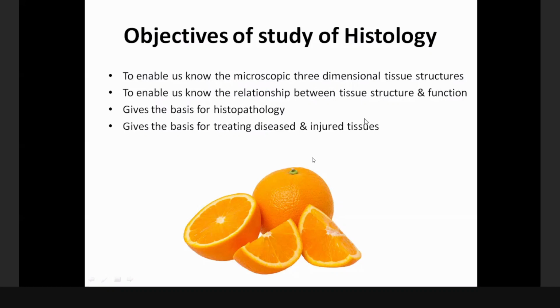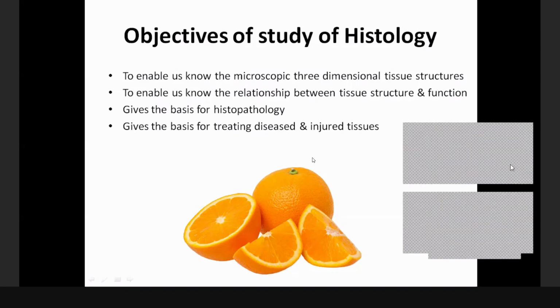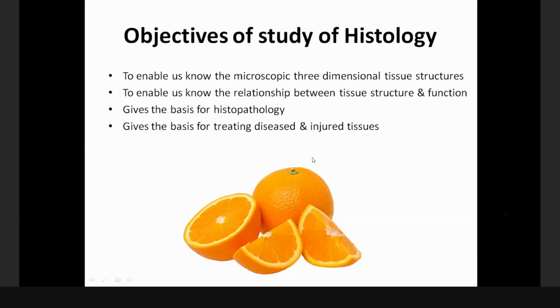When our tissue, our organ is diseased, its detailed structures would be damaged. So in order to know this, for purpose of treating and curing, you have to know the detail of an organ. You know this by studying histology and cytology. So those are the basic reasons we are studying histology.